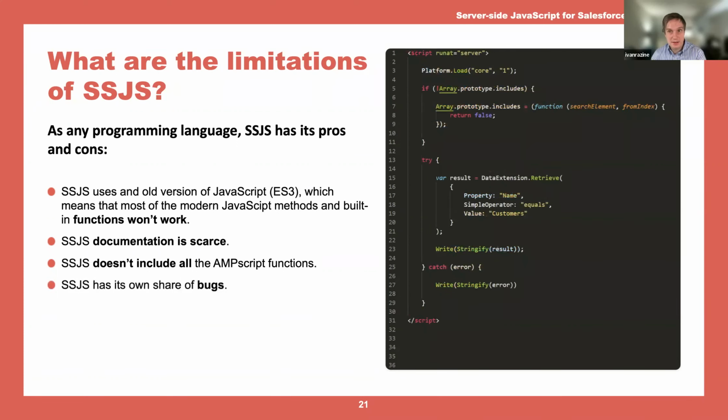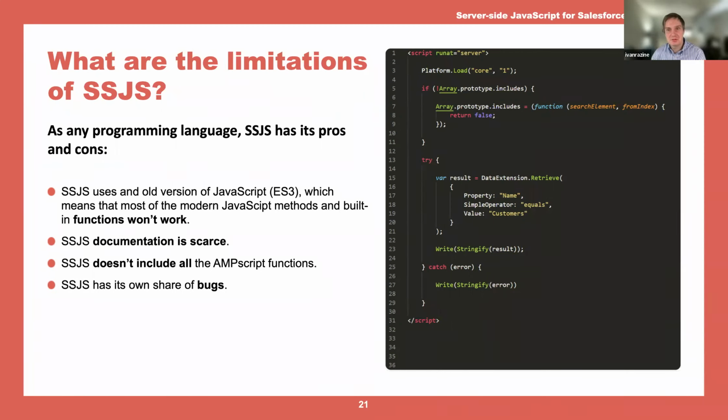Yeah, it has its own share of bugs, unfortunately. Sometimes it doesn't work as intended. Sometimes the results, well, I will see later if I can show you an example on my website.